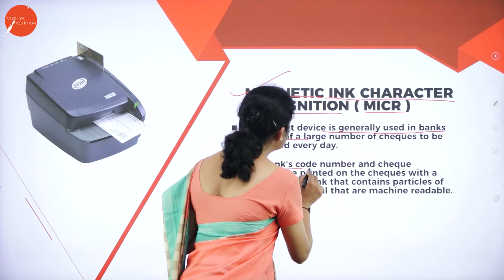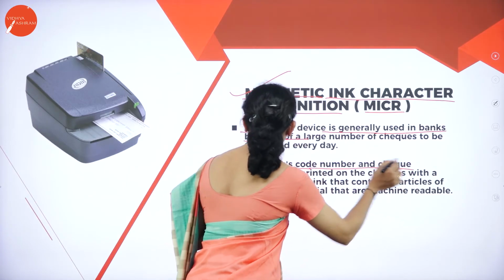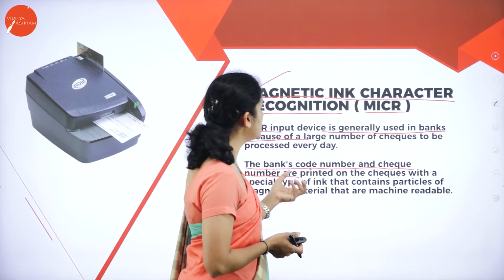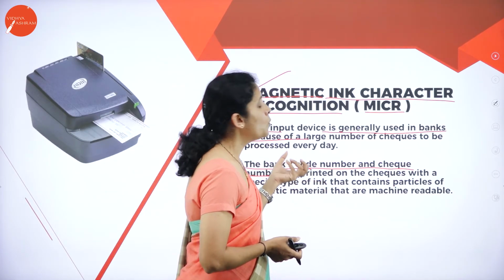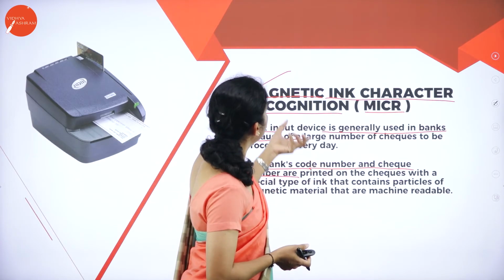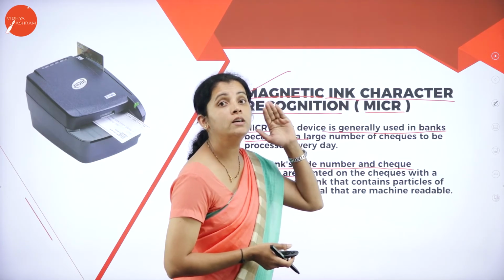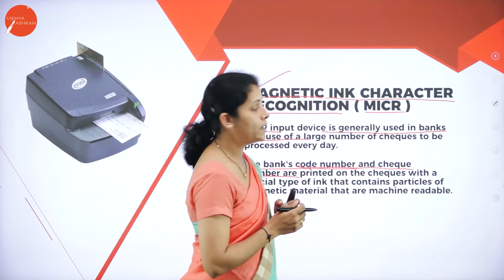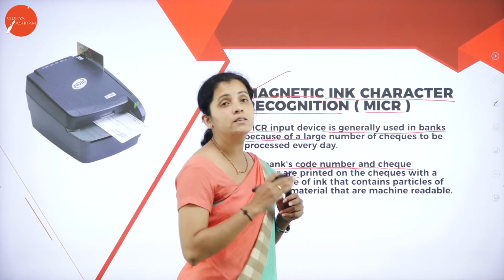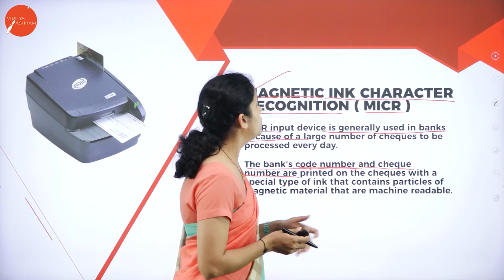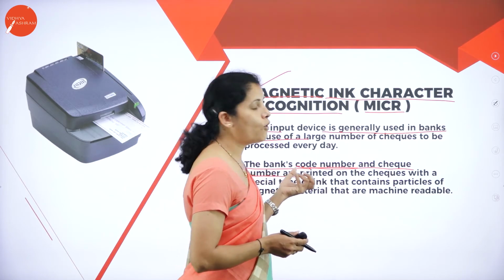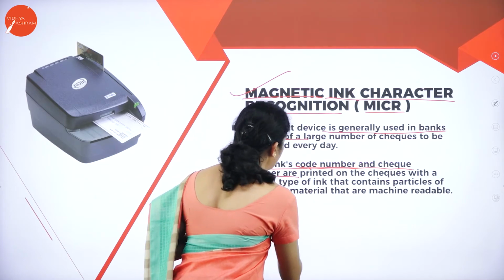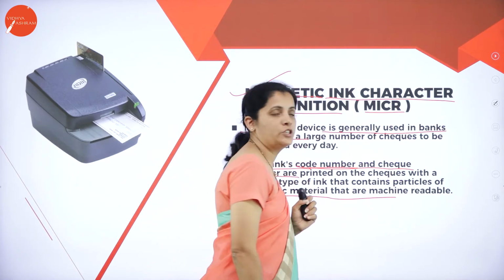The bank's code numbers and check numbers are printed on the check with a special type of ink. What kind of ink? That is nothing but the magnetic ink. Your check leaf contains the bank code as well as the check number, printed with a special type of ink that contains particles of magnetic materials that are machine readable.